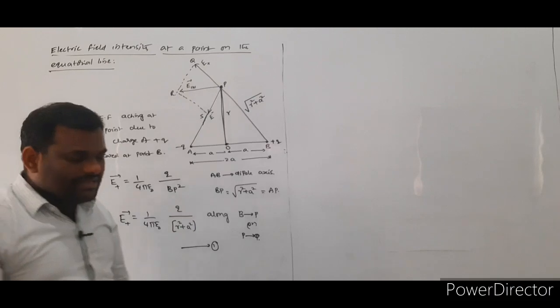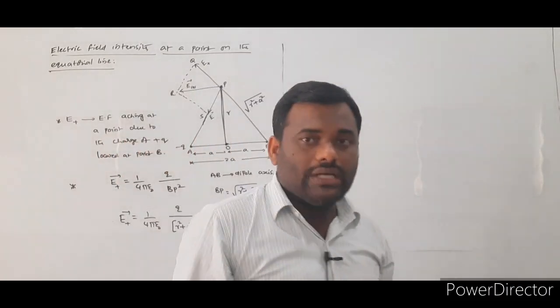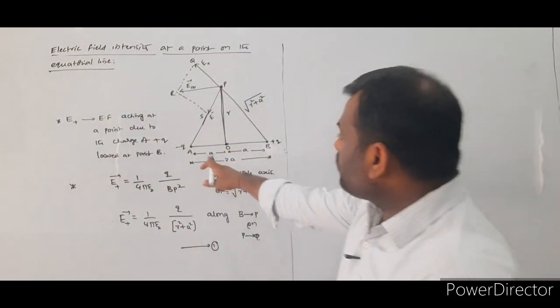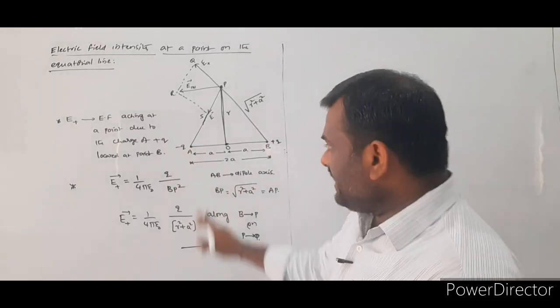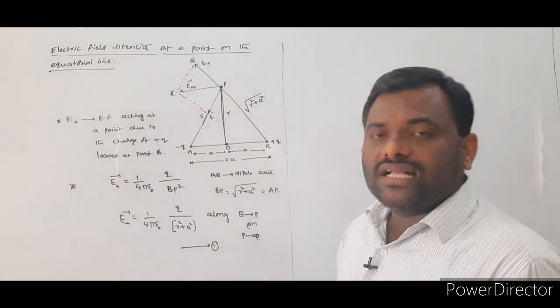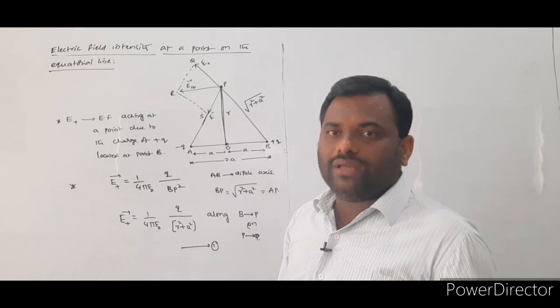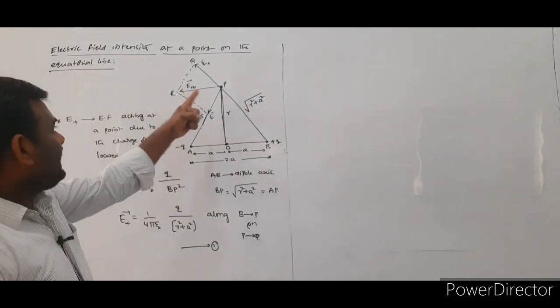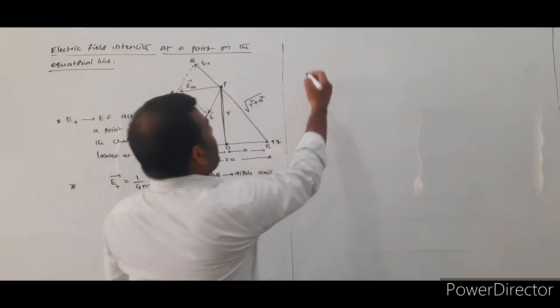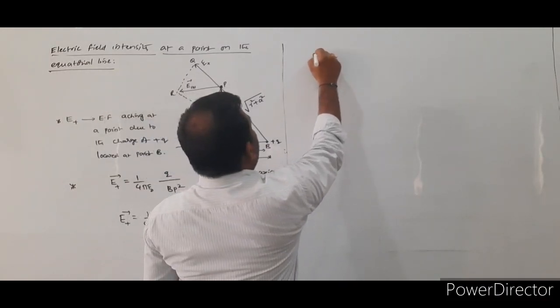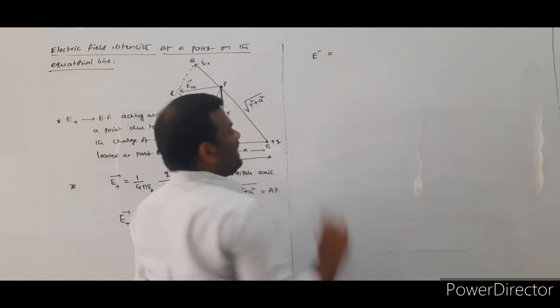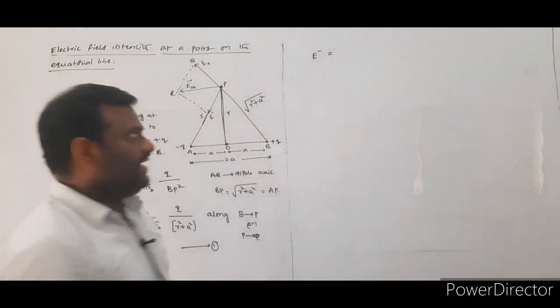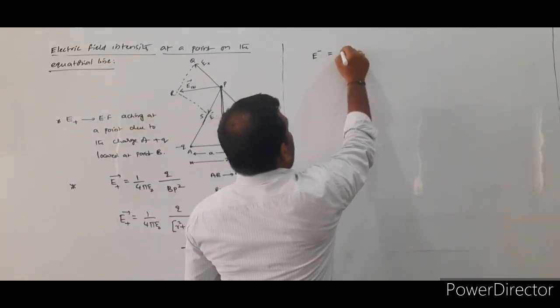So E plus bar is giving what? Electric field intensity due to the positive charge. And one more charged particle will be there here. What is the charged particle? That is a negative charge. The negative charge minus q will be located at the point A, so that the electric field intensity at the point P due to the negative charge will be represented by E minus. E minus is indicating what?